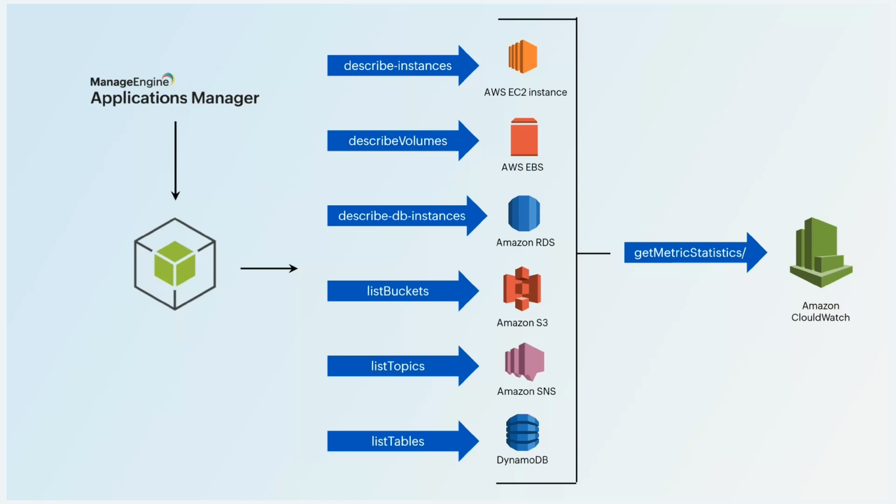Similarly, it gathers storage details from S3 using list buckets and messaging insights from SNS with list topics. So finally, all these collected metrics are processed using the getMetricStatistics API in CloudWatch. So all these APIs are helpful to fetch the information, and this allows for efficient monitoring as well as proactive troubleshooting for AWS resources.